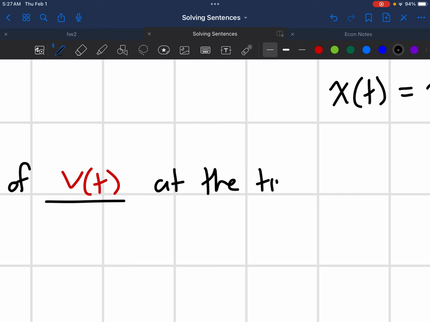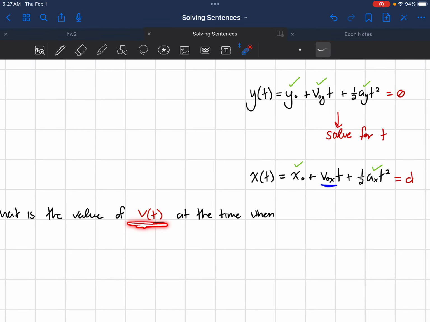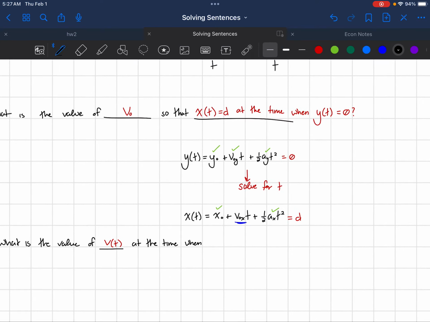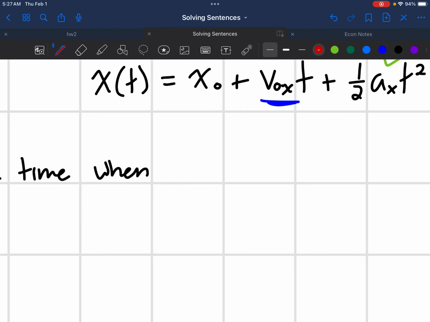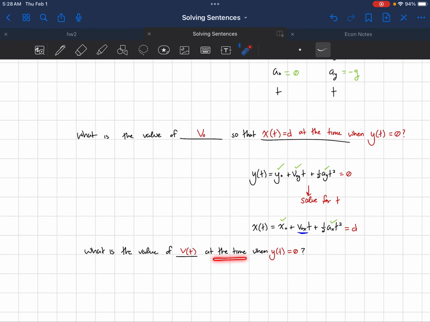In this case, I would just want to know the velocity when he's landed. And we already talked about, how do we know when he has landed? Well, that's when y of t equals 0. So again, baked into this question, I have to find the time when y of t equals 0.